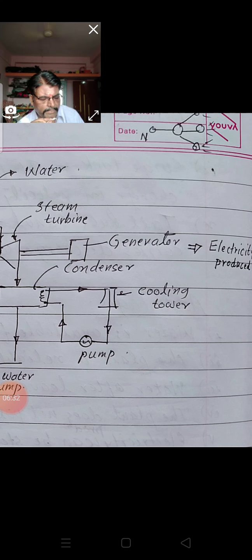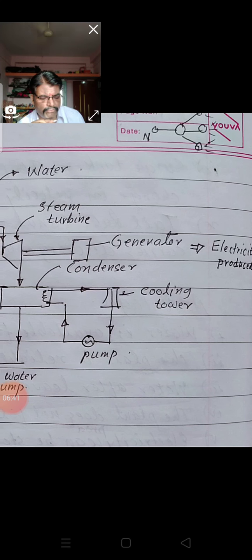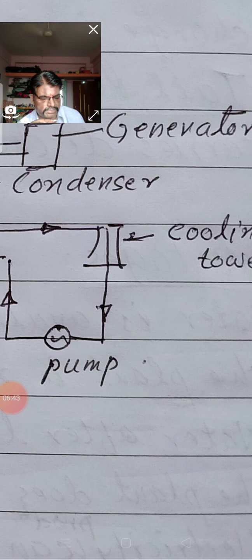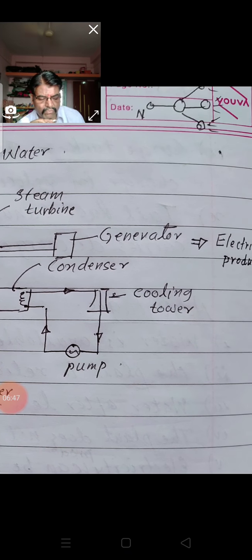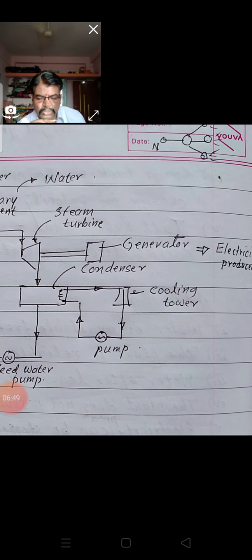And the next part is pumps, which are required for maintaining flow of primary coolant, secondary coolant, and cooling water in the condenser. So these are the main parts of the nuclear power plant.